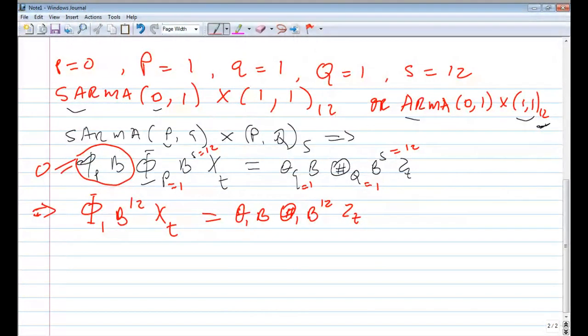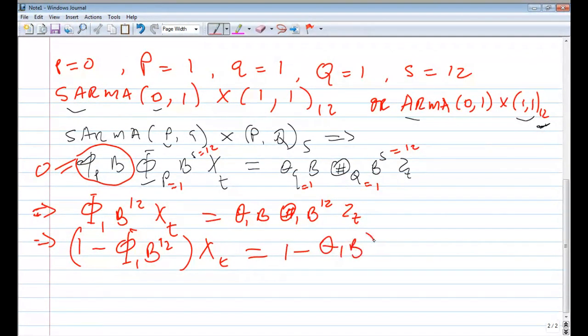So it can also be written as (1 minus capital phi 1 B to the power 12) x_t, which is equal to (1 minus theta 1 B)(1 minus capital theta 1 B to the power 12) z_t.